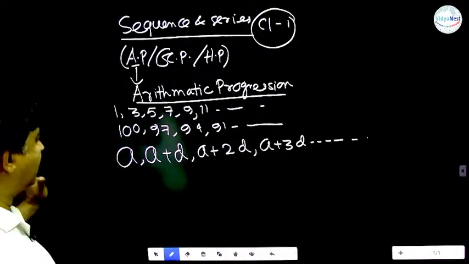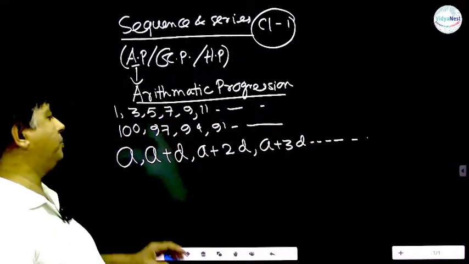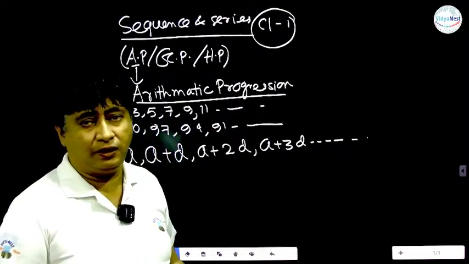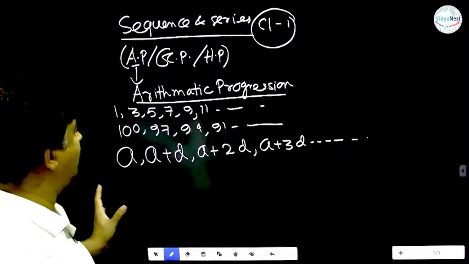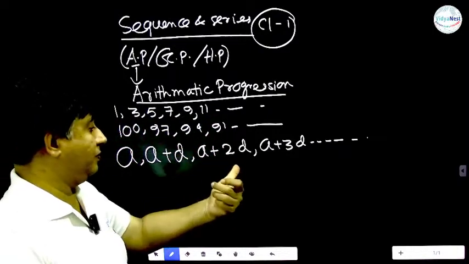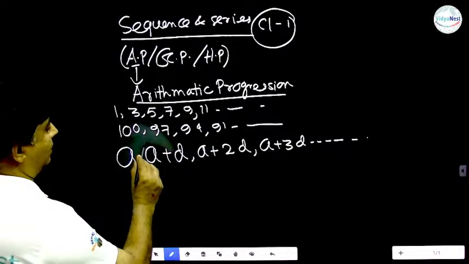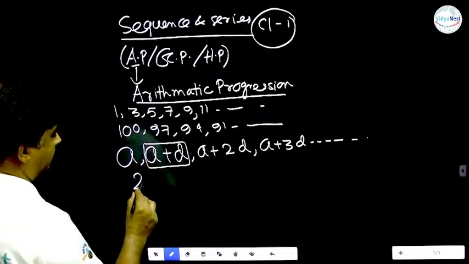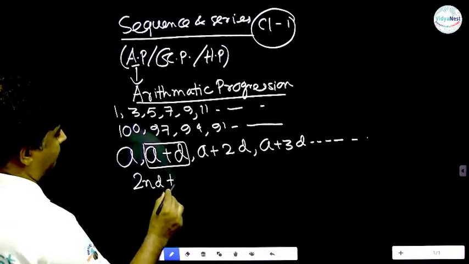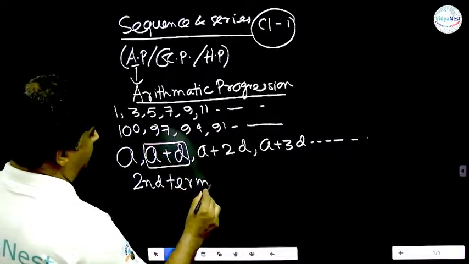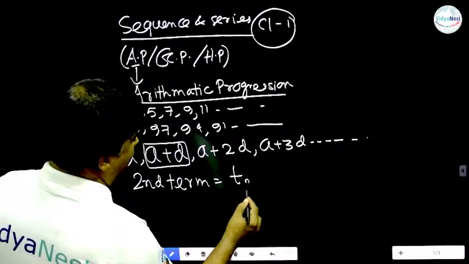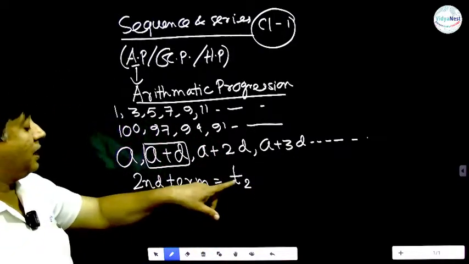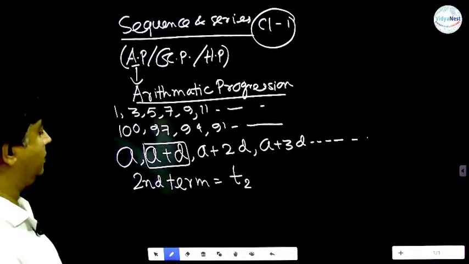Now, from this trend of increment, we can comprehend the general term. See, this is the second term. It will be denoted by T2. T stands for term and the suffix 2 stands for the number of the term.